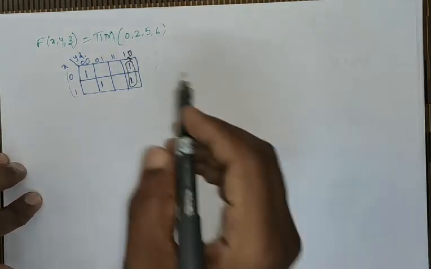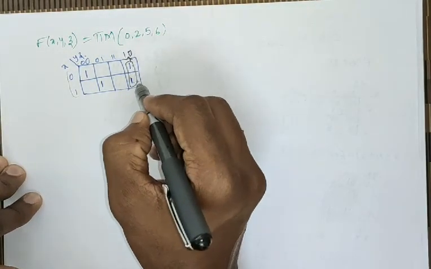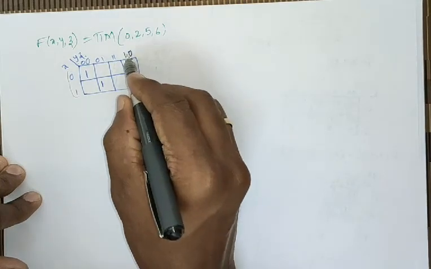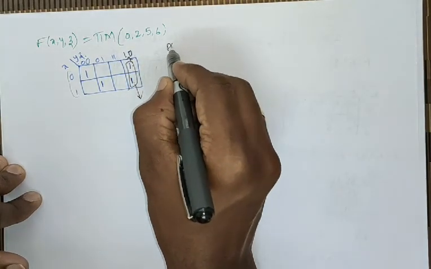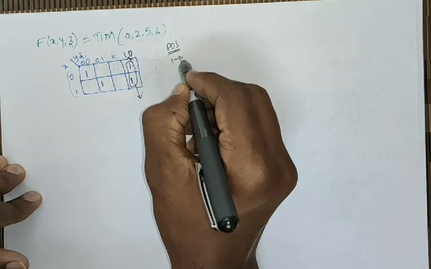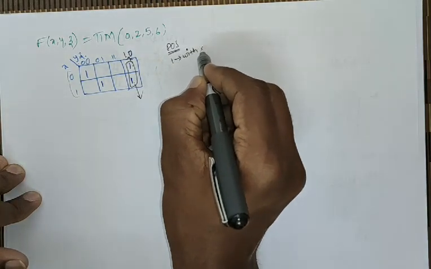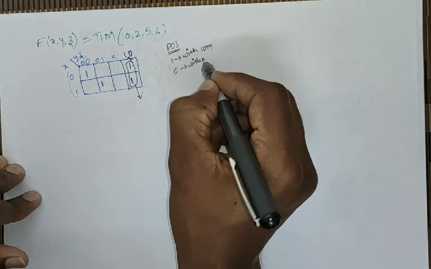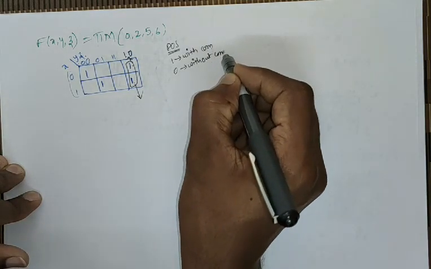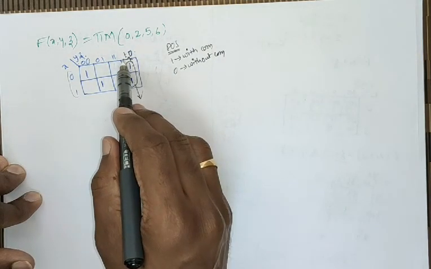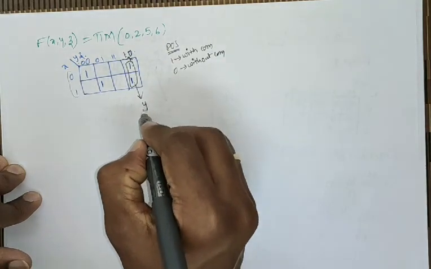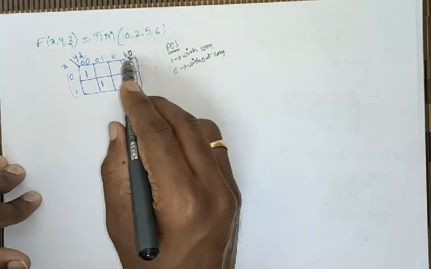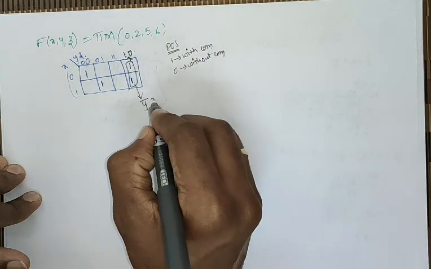How to represent it? 1 0: in a POS function, 1 is indicated with complement and 0 is represented without complement. So 1 is represented as y bar, 0 is represented as z.